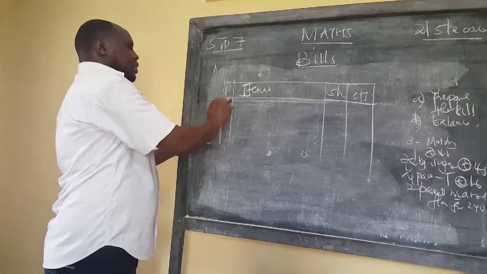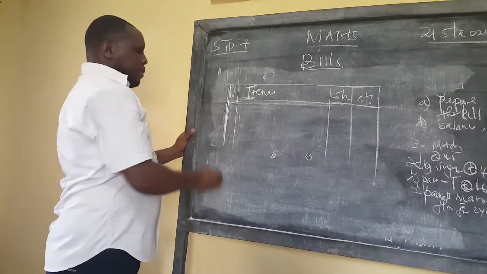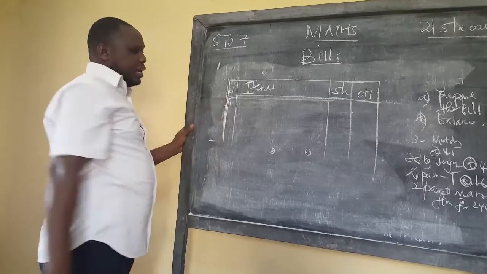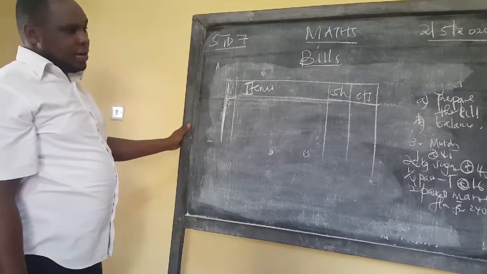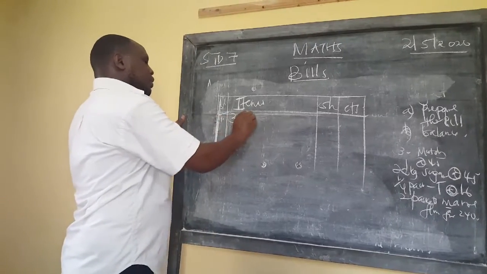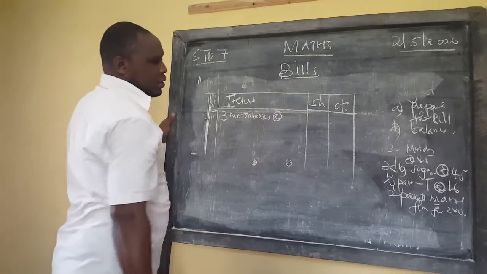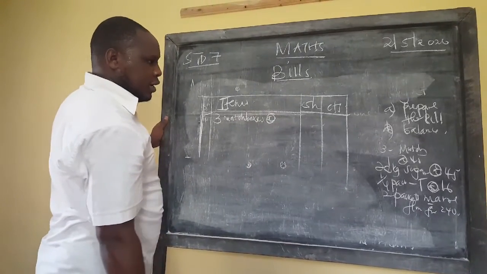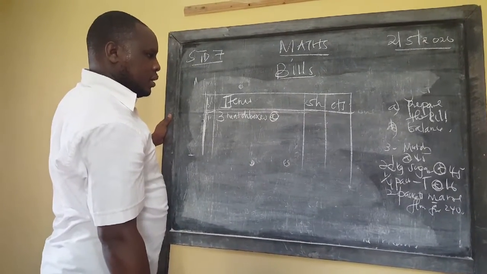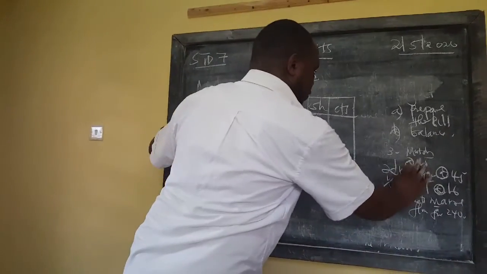Then item number 1, serialization, but we can just leave it. Number 1, we have 3 match boxes at, this should be 5, sorry, not 20.